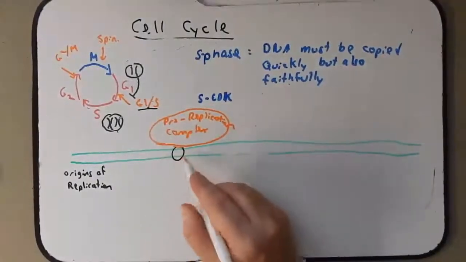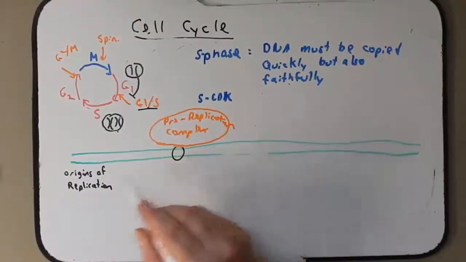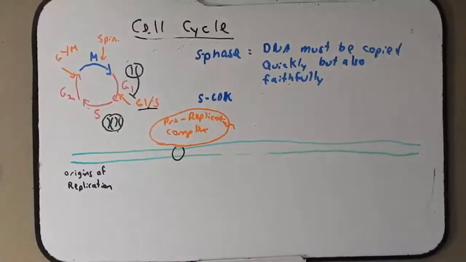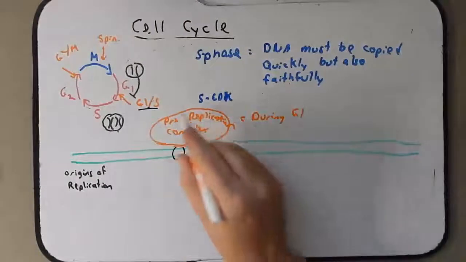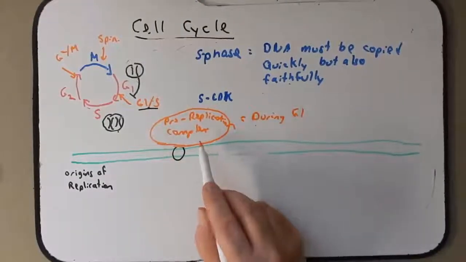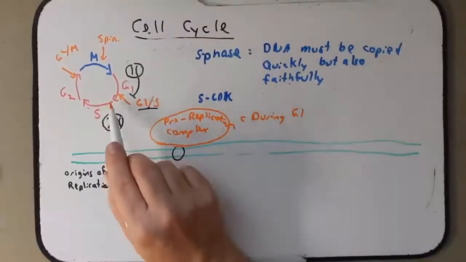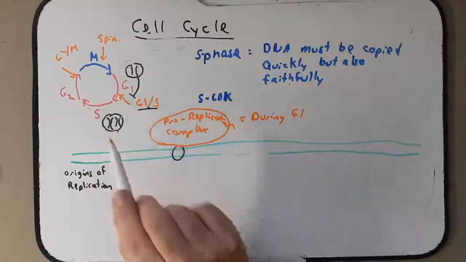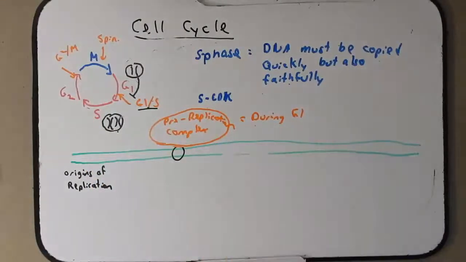And there are several of these, so the pre-replication complex has to bind to each of these origins of replication. And in fact, it will do this during G1. It'll form this complex, and I'll talk about what's in this complex in just a moment, but it'll form this complex in G1 so that once it's been triggered to enter S phase, it can immediately start copying the DNA.